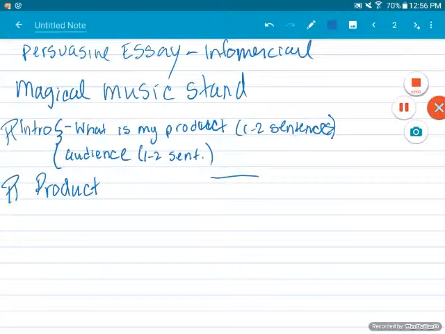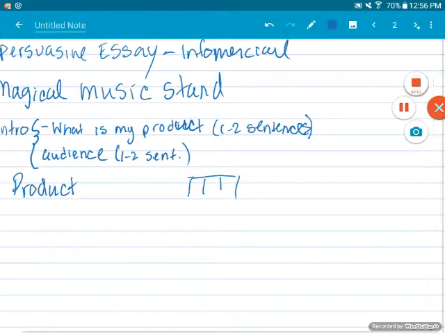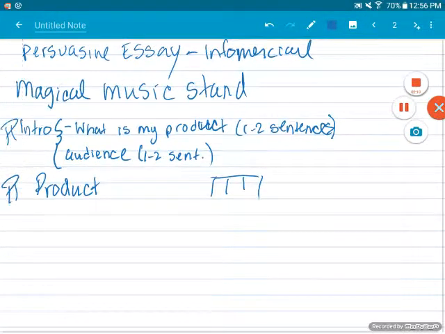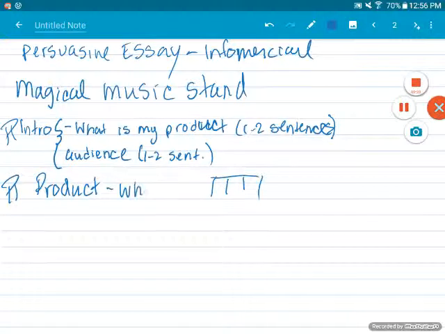This is kind of where the table idea comes in too, right? A table paragraph. What is my product? A magical music stand. What does it do? And why should somebody buy it?